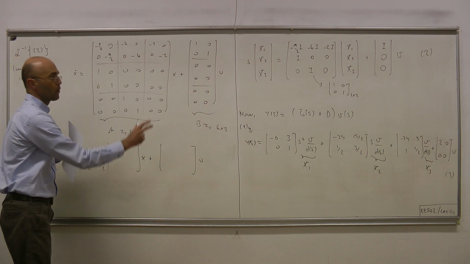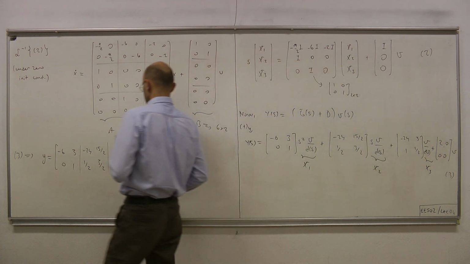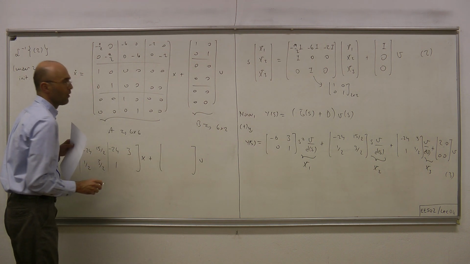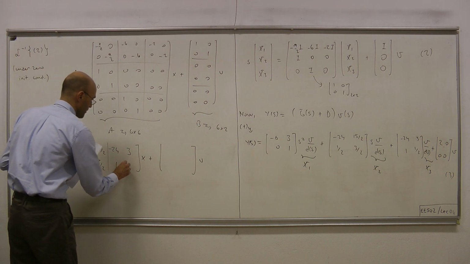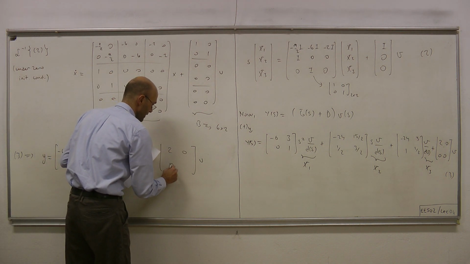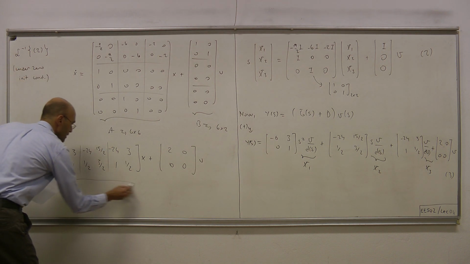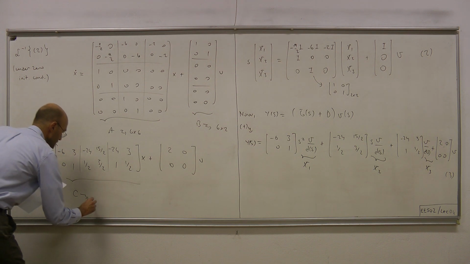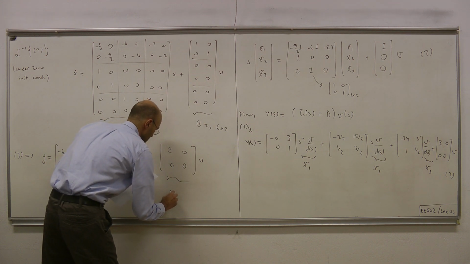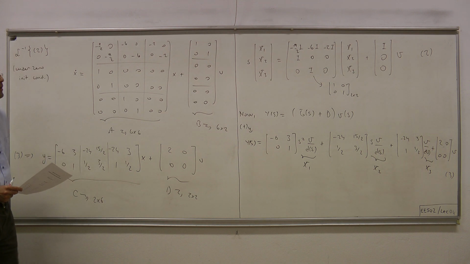And finally, this constitutes this last block, which is minus 24, 3, 1, 1 half. As for D, it was obvious from the very start, and it's 2, 0, 0, 2. This is our C matrix, and clearly its size is 2 by 6. And this is our D matrix, size 2 by 2. Okay.